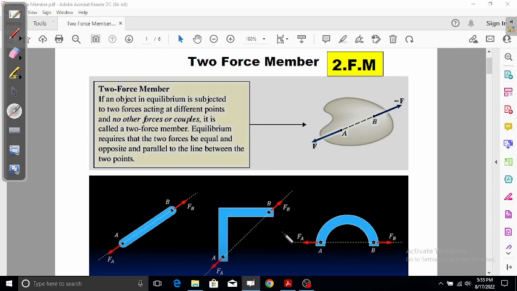So this L-shaped bracket could also be treated as a two force member. Now we have a bracket which is a half semicircle, and again if there are two forces acting, Fa and Fb, where Fa equals Fb, with the same magnitude, opposite sense, collinear, and no moment on that line of action, it will be treated as a two force member.